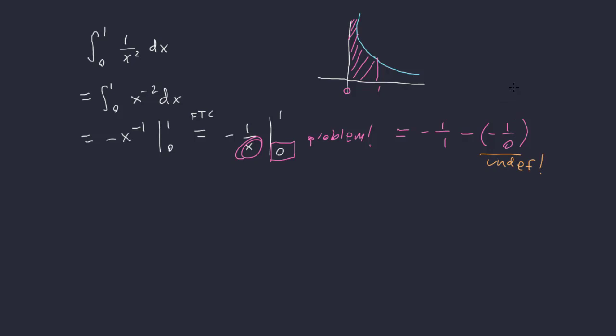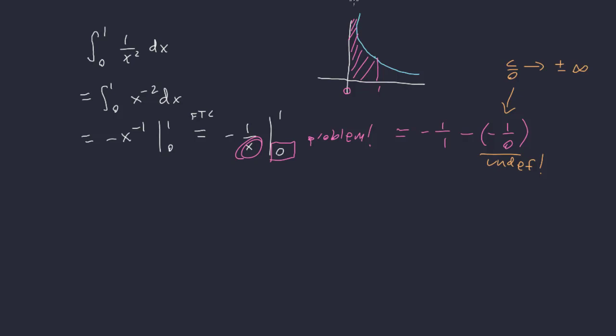But if you remember from Calculus 1, the constant over 0 case means that we have a plus or minus infinity. All right? Now, that's what we would expect from this problem, right?